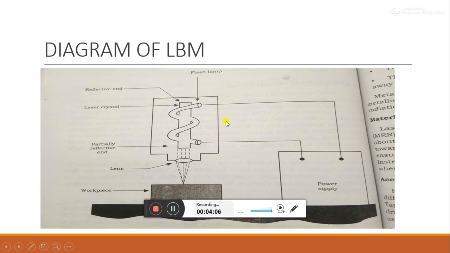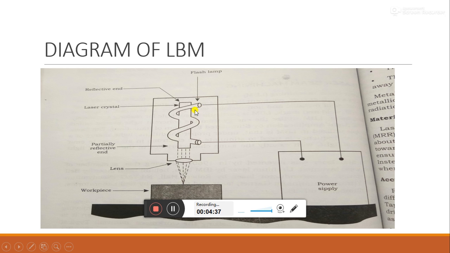In the diagram, I will first name the parts here. There is a flash tube or a flash lamp, and the flash lamp is controlled using a power supply. Then you have the laser crystal or the lasing material. Then you have a reflecting end and a partially reflective end, and here you have a lens, and then you have the workpiece and the work table.